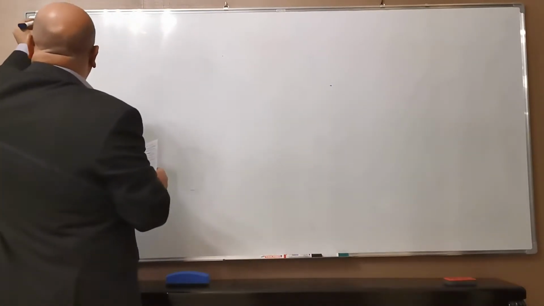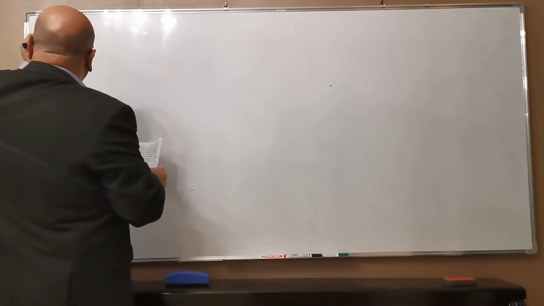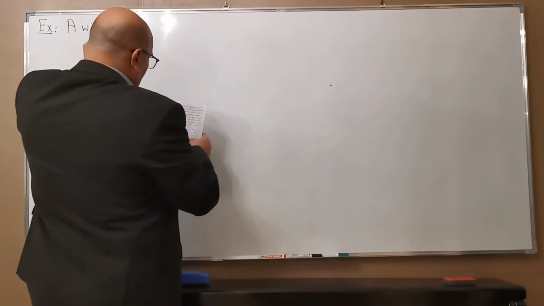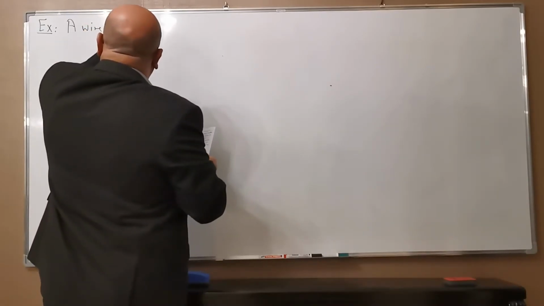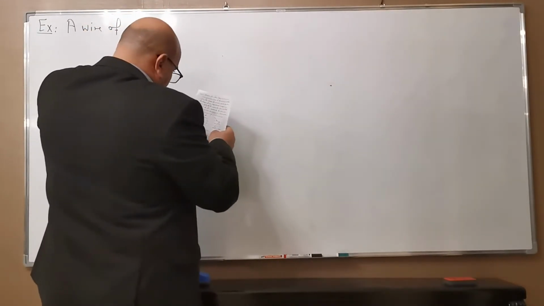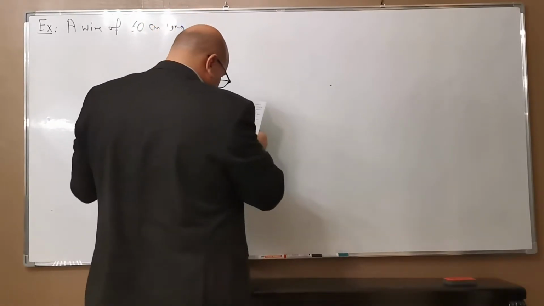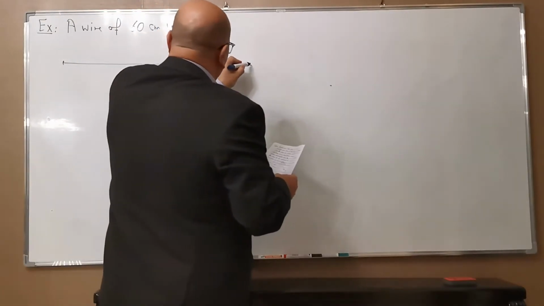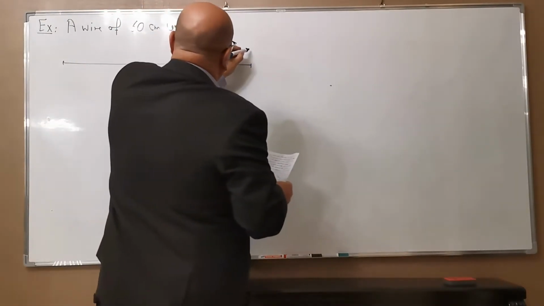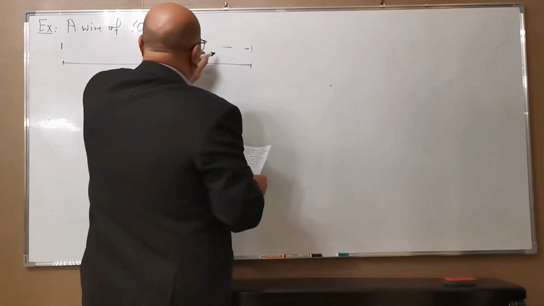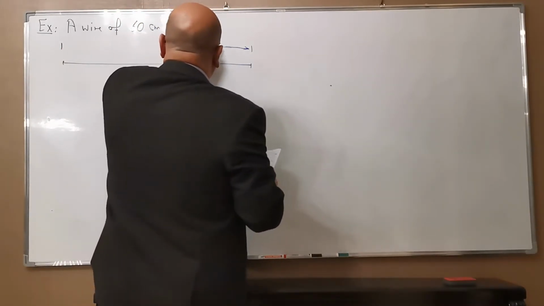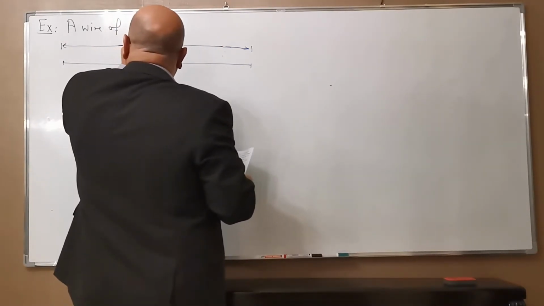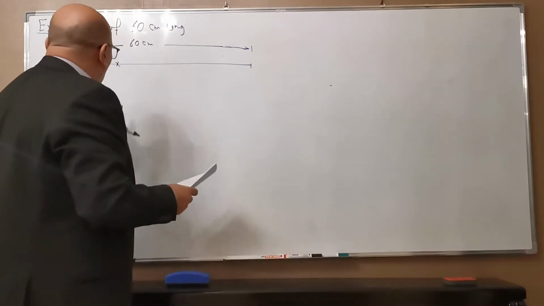Okay, in example number 2, we have a wire of 60 centimeters long. This wire needs to be cut, so you have a wire of 60 and we need to cut it somewhere.